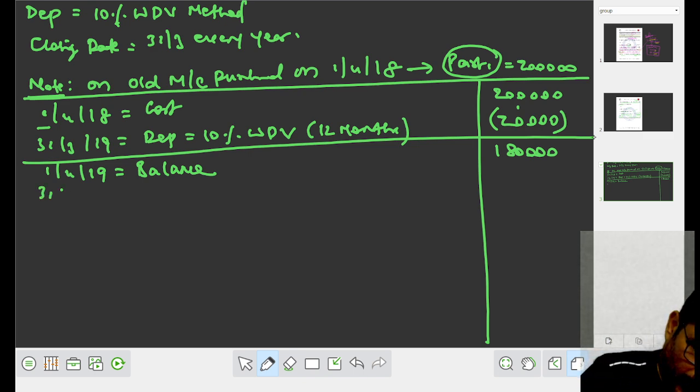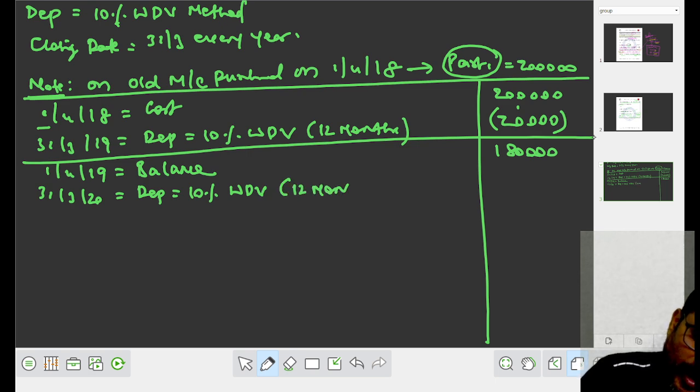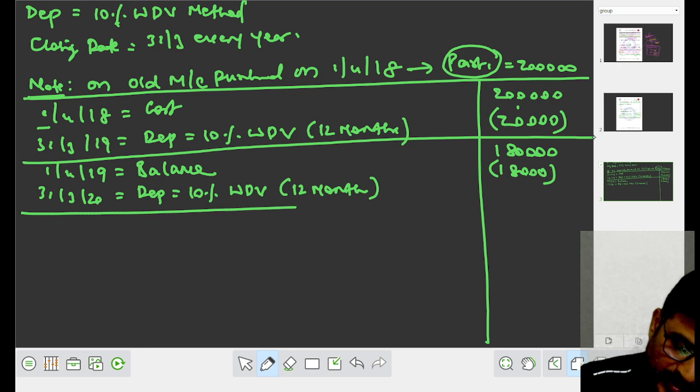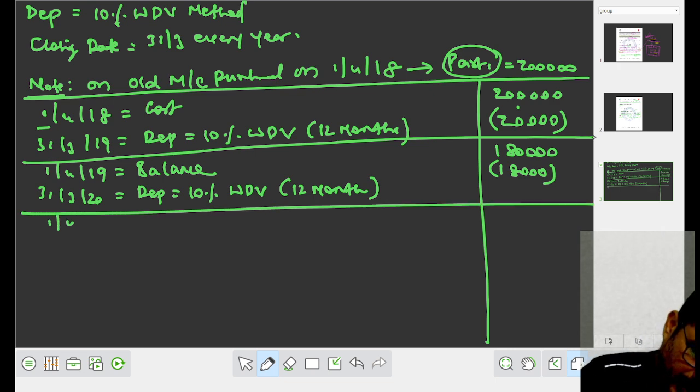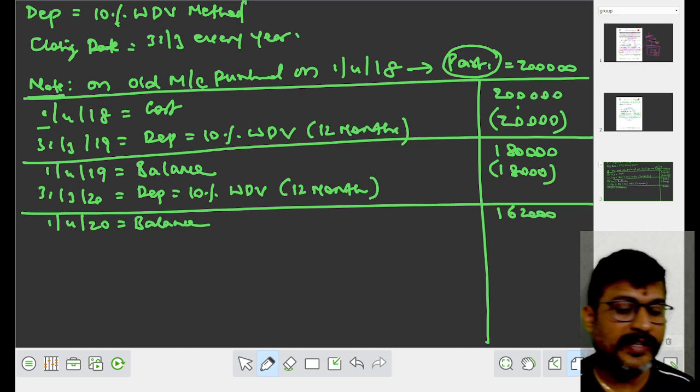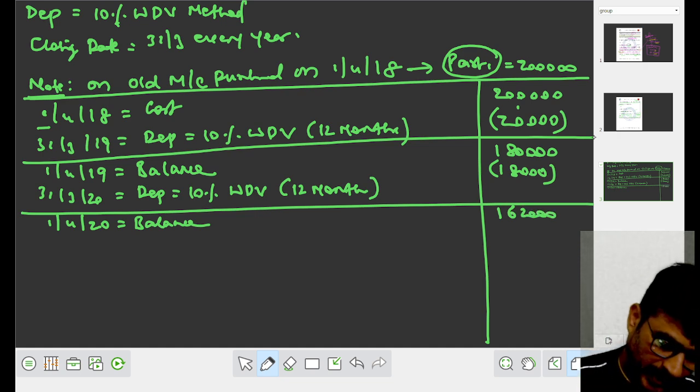Now on March 20, depreciation 10% WDV for again 12 months. It comes to 18,000. Now let us write 1st April 20 as a balance 1,62,000.